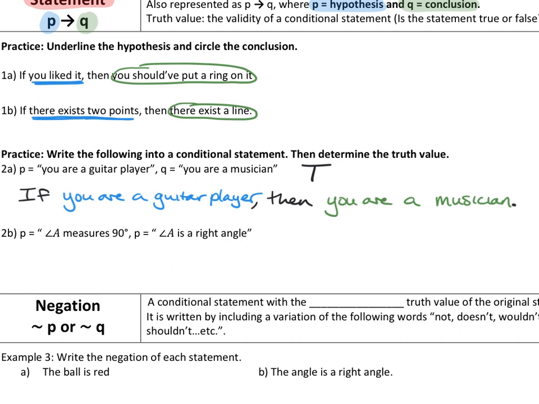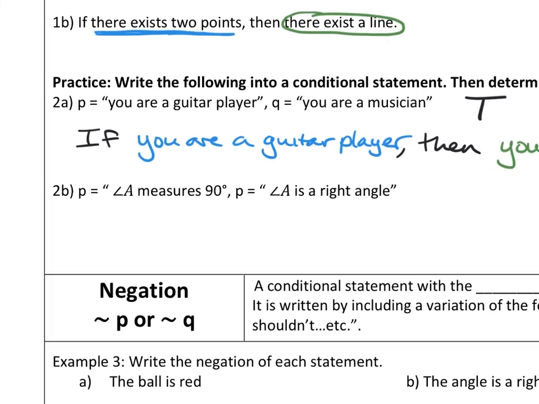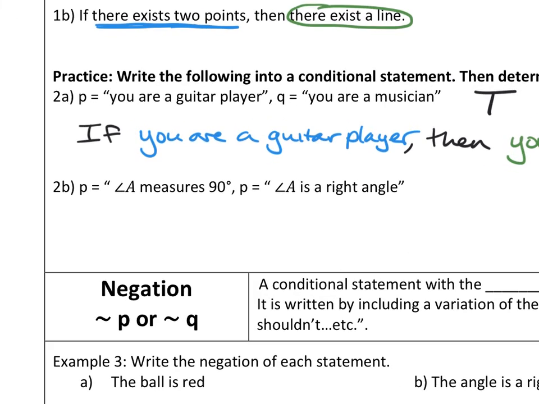B. If P is angle A measures 90 degrees, and that should say Q. Does yours say what mine says? Okay, cool. Let's fix this right here. This P actually should be a Q, so mark that out for a second. Make that into a Q. But our if statement should say if what?